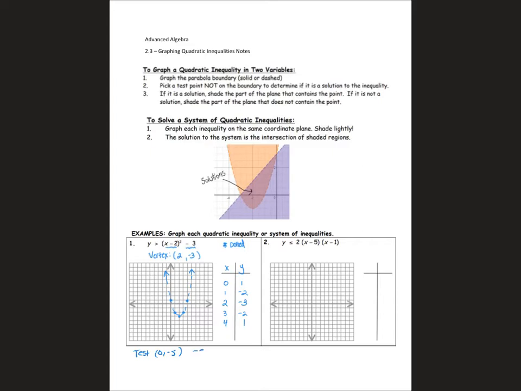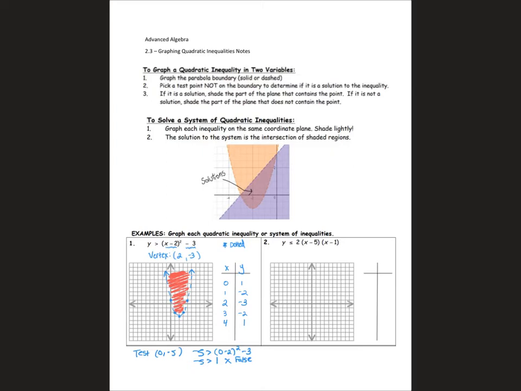So negative 5 is greater than (0 minus 2) squared minus 3. So we got negative 5 is greater than 0 minus 2 is negative 2, squared is 4, minus 3 is 1. Negative 5 is greater than 1. Nope, that's false. So we know that that's not part of my solution set. So the part that I'm going to shade is inside this parabola.